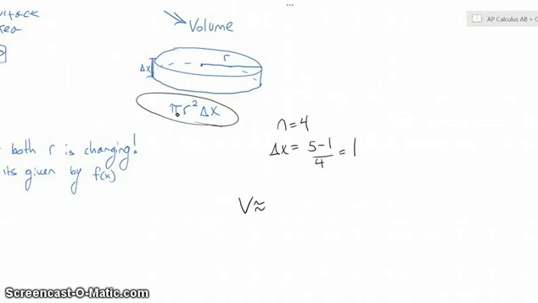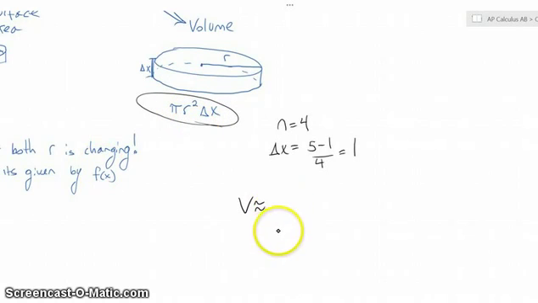cylinders. So instead of plugging in the area of a rectangle like we did in the first example, we're going to use the expression for the volume of a cylinder. And r squared is going to be our function.